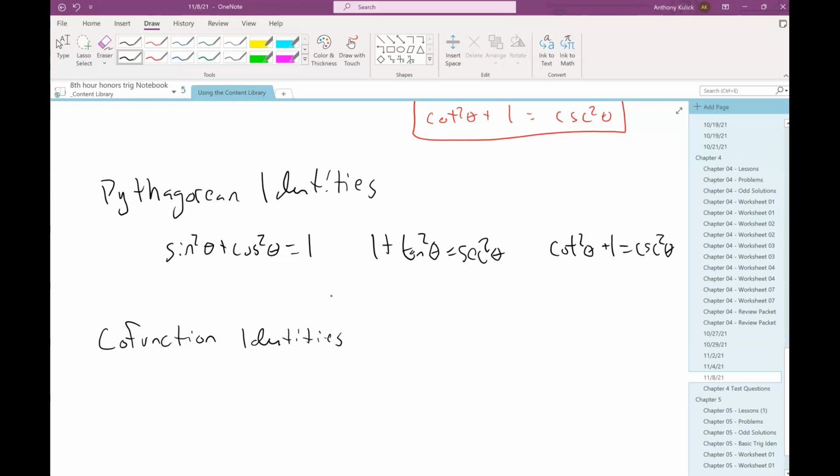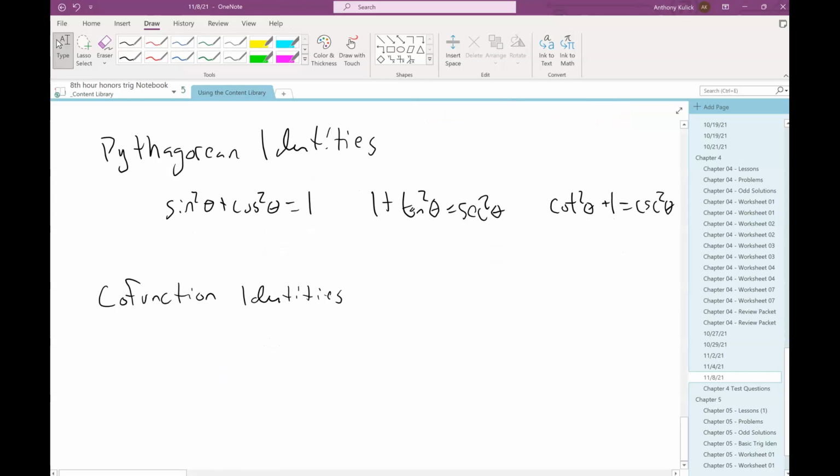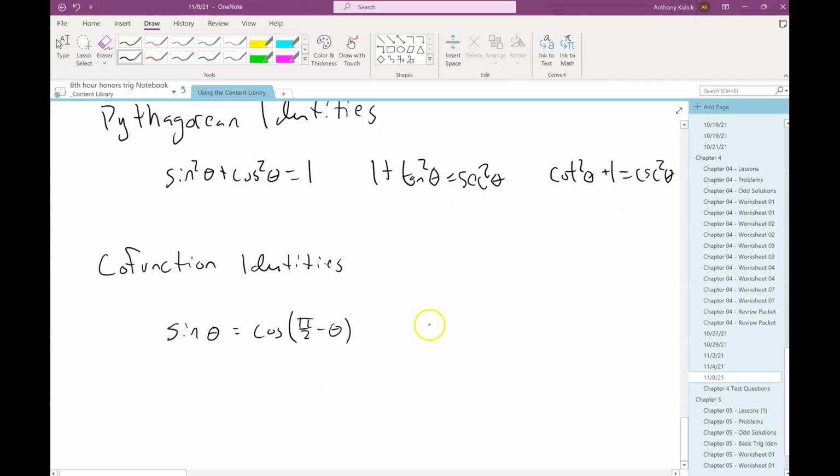Did you guys notice that at any point on the unit circle? That's actually true for all complementary pairs. So we'd say that sine of theta is equal to cosine of its complement, or cosine of theta is equal to sine of its complement.